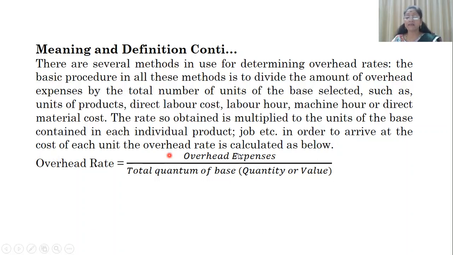How do we calculate the overhead rate? Overhead expenses divided by total quantum of base, that may be a quantity or a value. The overhead expenses is the numerator, and the total quantum of base, quantity or value, is the denominator.